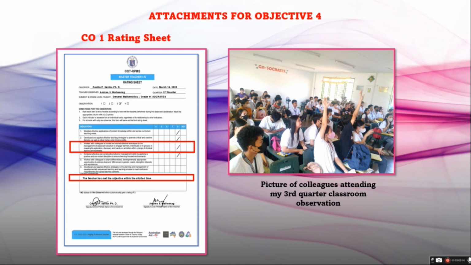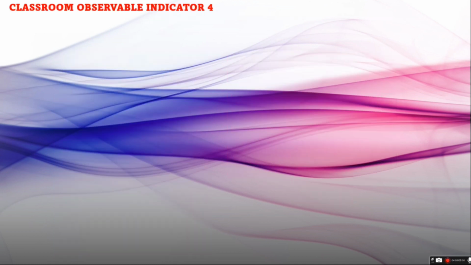So again, this is a picture from the classroom observation of Dr. Lani Peñamora, our master teacher in English in our school. Andun sa likod yung kanyang mga teacher observers.